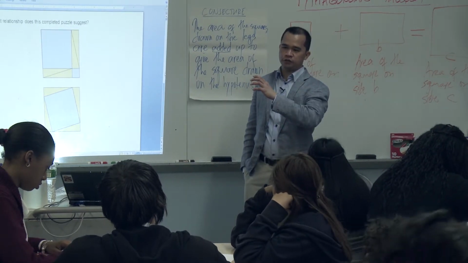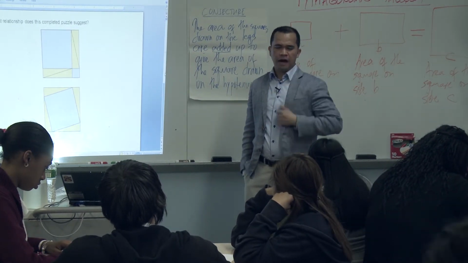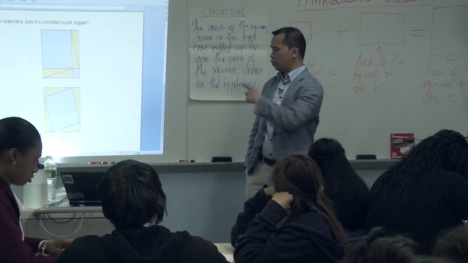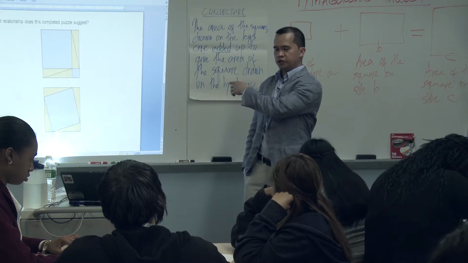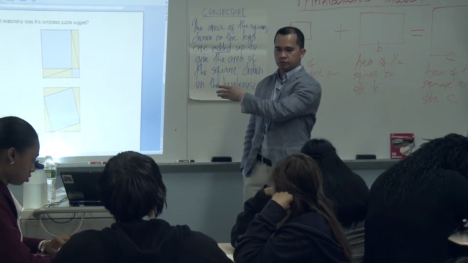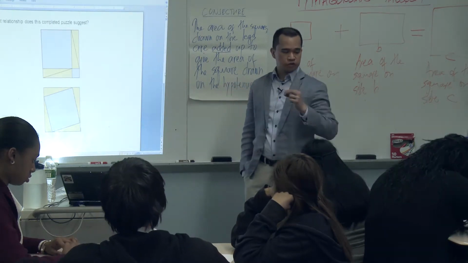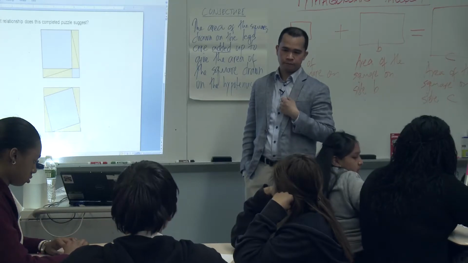Right now, in the interest of time, I think you're on your way to finding the relationship here. But let's see if what your classmates will share will make sense to you. So I need you to stop working right now.